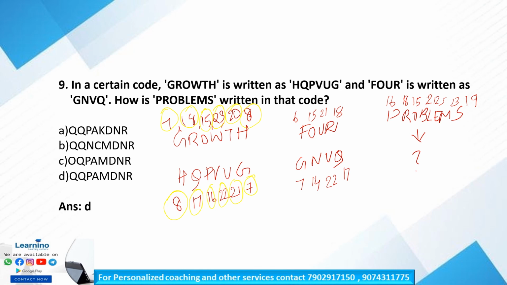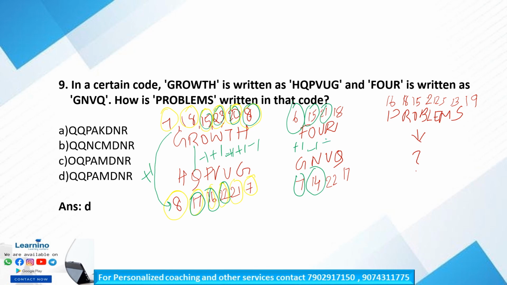So 7 plus 1 is 8, right? 18 minus 1 is 17. 15 plus 1 is 16 and 23 minus 1 is 22. Okay. 20 plus 1 is 21 and 8 minus 1 is 7. Like that, 6 plus 1 is 7, 15 minus 1 is 14, 21 plus 1 is 22 and 18 minus 1 is 17. So the pattern followed here is starting with plus 1, minus 1, plus 1, minus 1, etc.